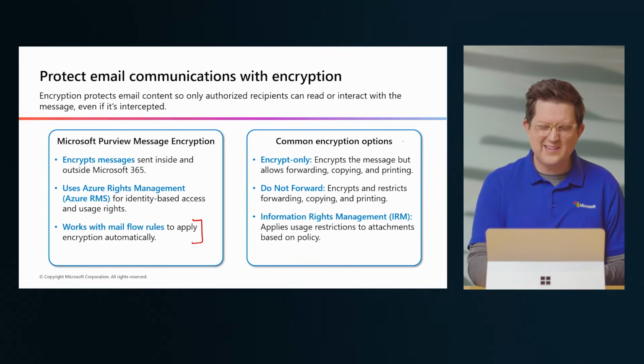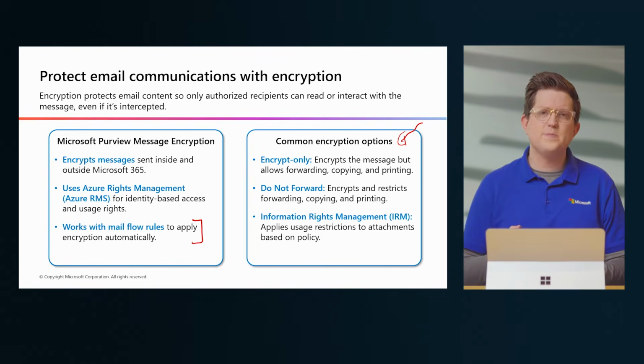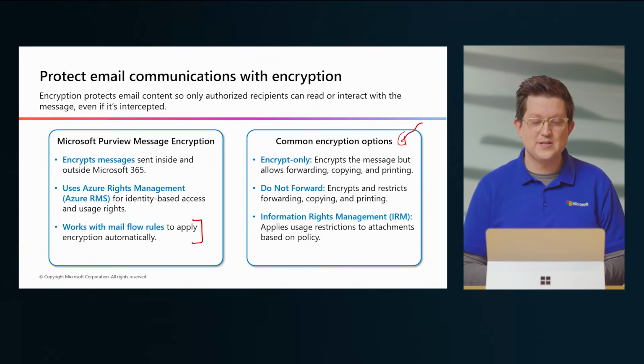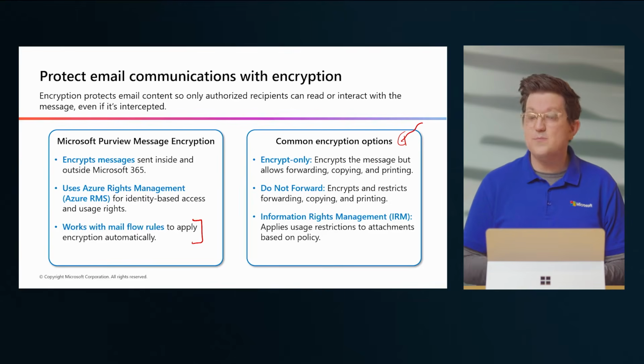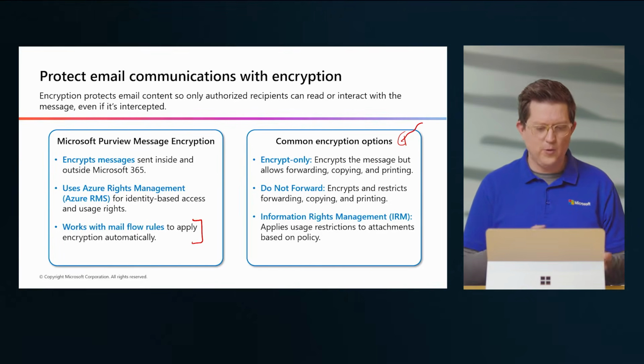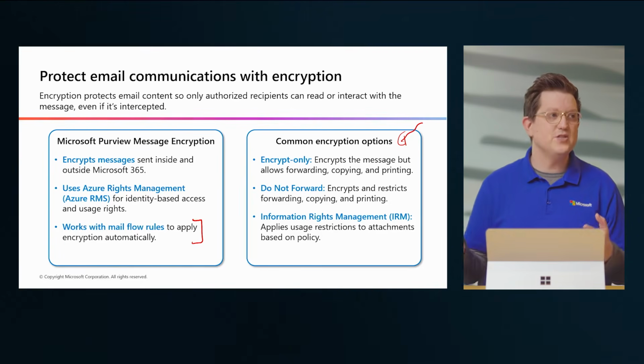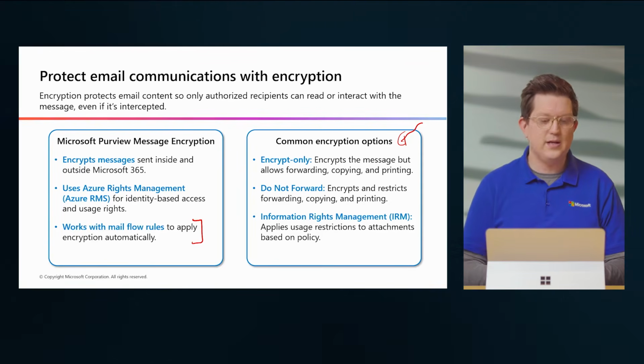There are three fairly common encryption options, and some of them you may not have even identified as using encryption to achieve this. Encrypt only allows you to essentially encrypt the message, but we can still do forwarding, copying, printing. Essentially, the message just requires authentication so we know who is opening it.